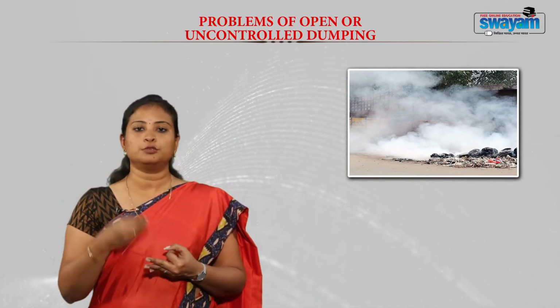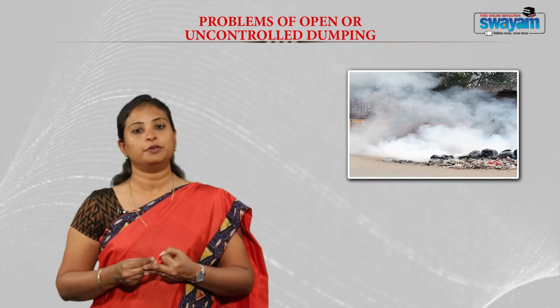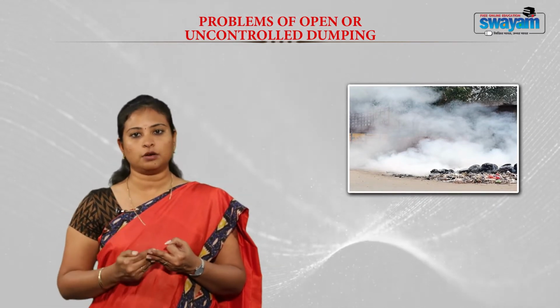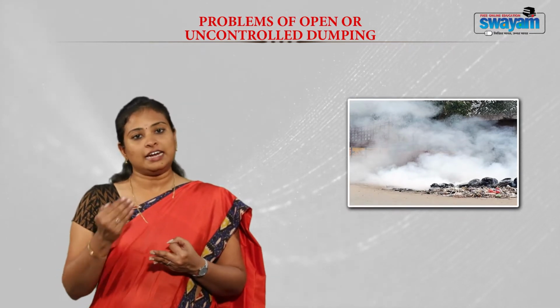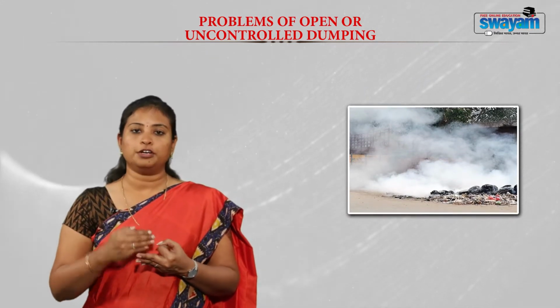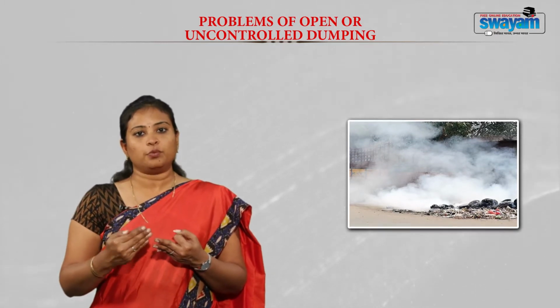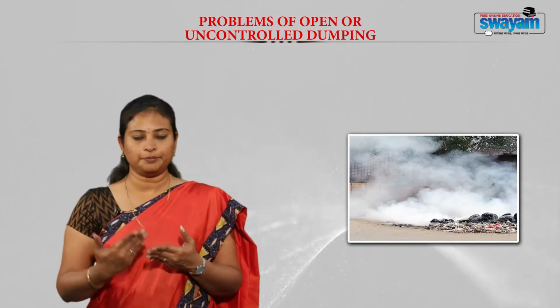Again, smoke is an air pollutant and it causes an air pollution problem, because during burning it emits a lot of gaseous pollutants like carbon dioxide, methane, volatile organic carbons, etc. In addition to the smoke due to burning, during waste degradation also certain gases are produced.